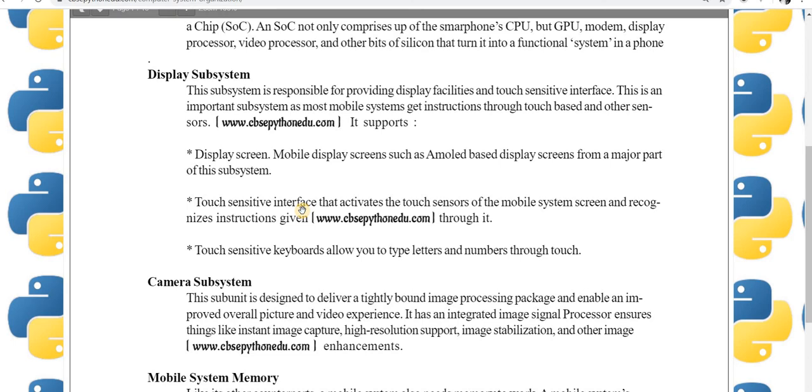Mobile display screens such as AMOLED based display screens form a major part of the subsystem. Touch sensitivity interface activates the touch sensor of the mobile system screen and recognizes instructions given through it. You all know all these things very well. How does it work? Display screens and touch sensitivity interface.